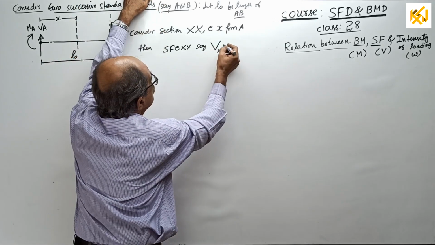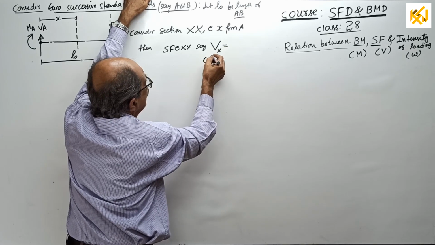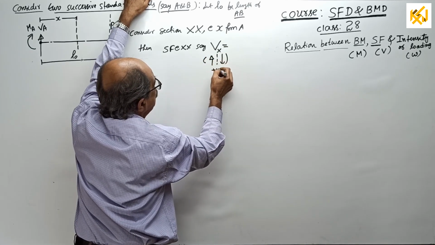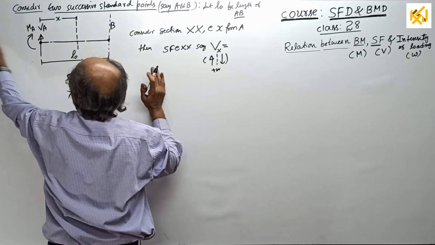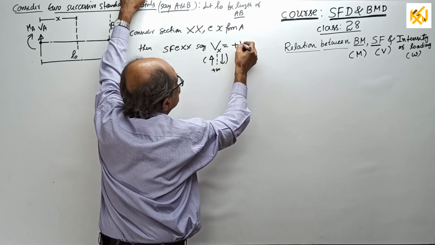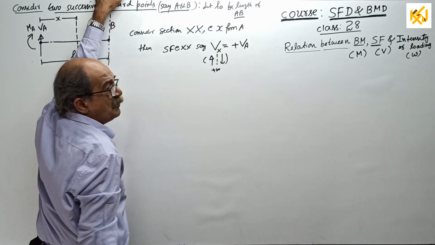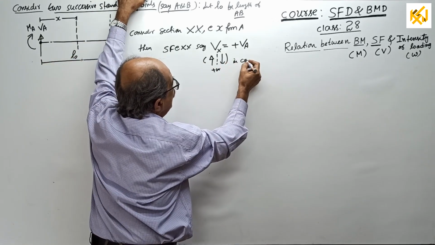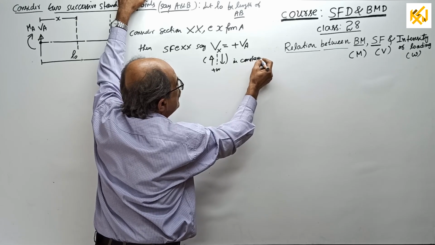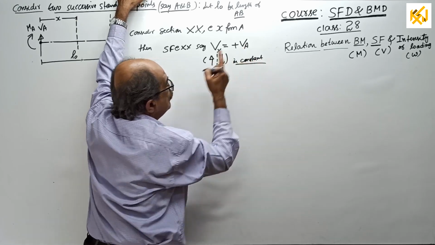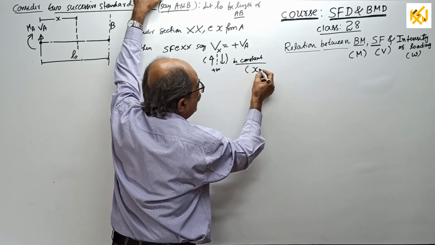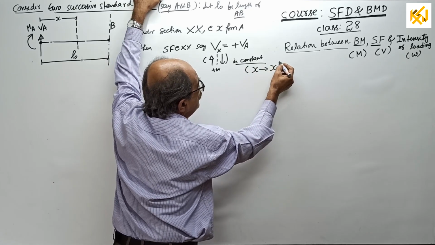Now tell me, the shear force at XX, say V suffix X, V at X. This shear force is equal to, our convention is left up, right down is positive. If you look at the left side here, it is plus VA. I write here, that is, it is constant. Why? Because X is not there, or if X is there, X power is 0.